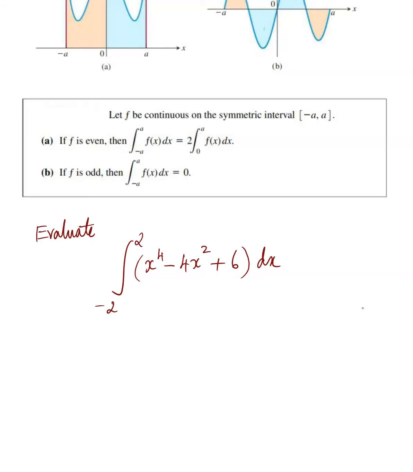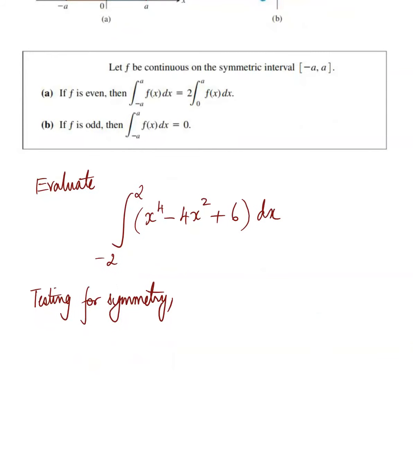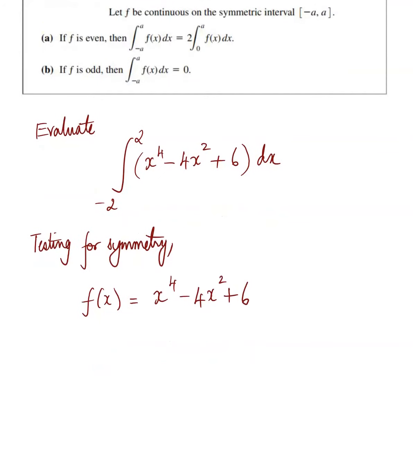So to test for symmetry, the easiest test is, of course, the even test. In fact, when you do the test itself, you can see if it is going to be even, odd, or neither. If it's neither, then you really have to go with the regular integration technique. You can't use the symmetry property.